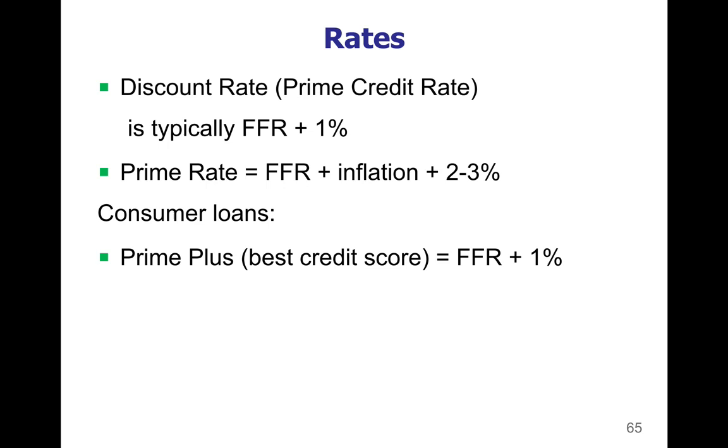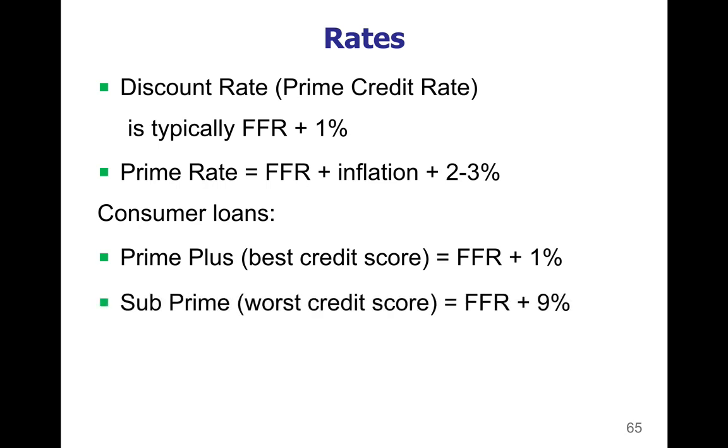That means banks are going to give you really low interest rates, typically the federal funds rate plus 1%. Subprime borrowers are the borrowers with the worst credit scores. They either have a really large amount of debt compared to their income, or they routinely pay their bills late or skip payments altogether. You're going to have to pay a much bigger interest rate on loans, something like the federal funds rate plus 9%.